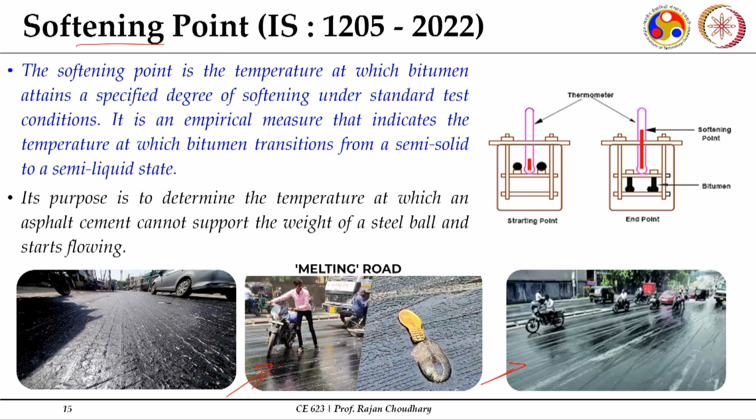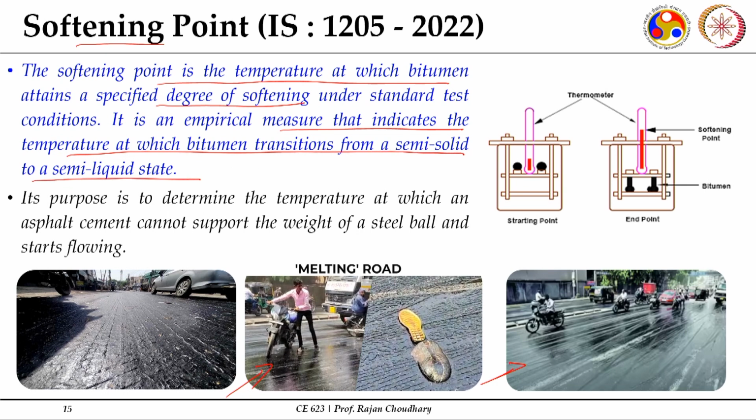And what it does: the softening point is the temperature at which the binder attains a particular degree of softening under standard test conditions. So, we are going to determine the temperature where a particular degree of softening is achieved, and it is an empirical measure that indicates the temperature at which bitumen transits from a semi solid to semi liquid state.